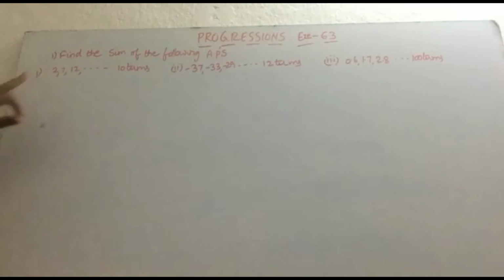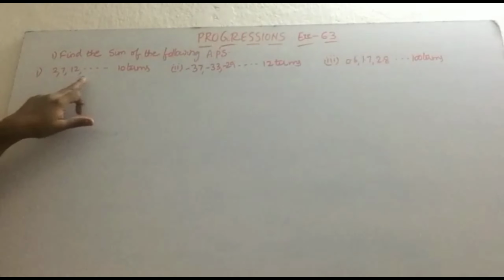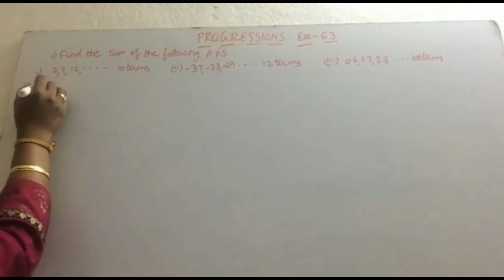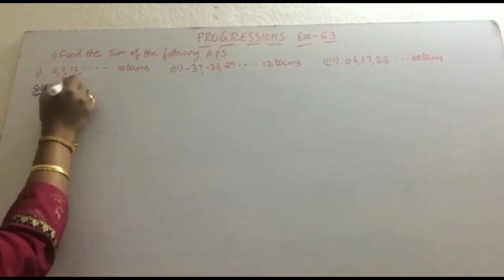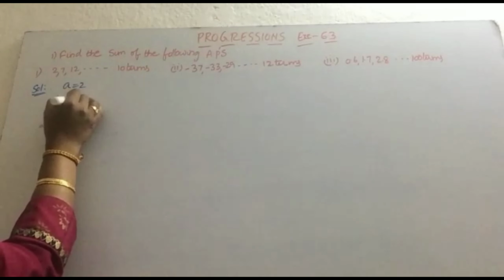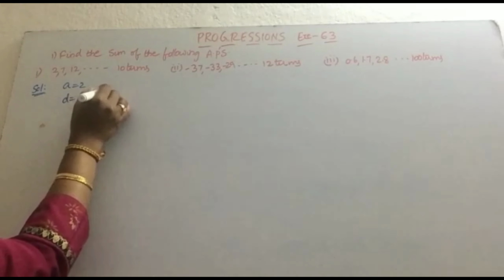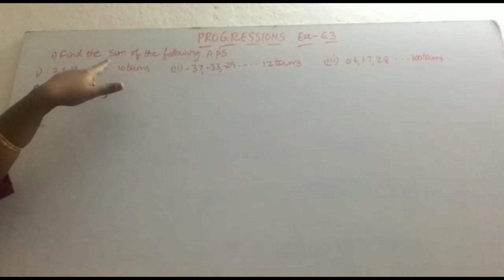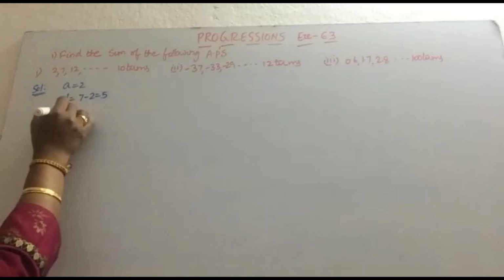Exercise 6.3. Find the sum of the following APs. First one is 2, 7, 12 and so on up to 10 terms. First, I will write a is equal to 2 and d is equal to 7 minus 2, that is 5. And we will find the sum of 10 terms, so n equal to 10.